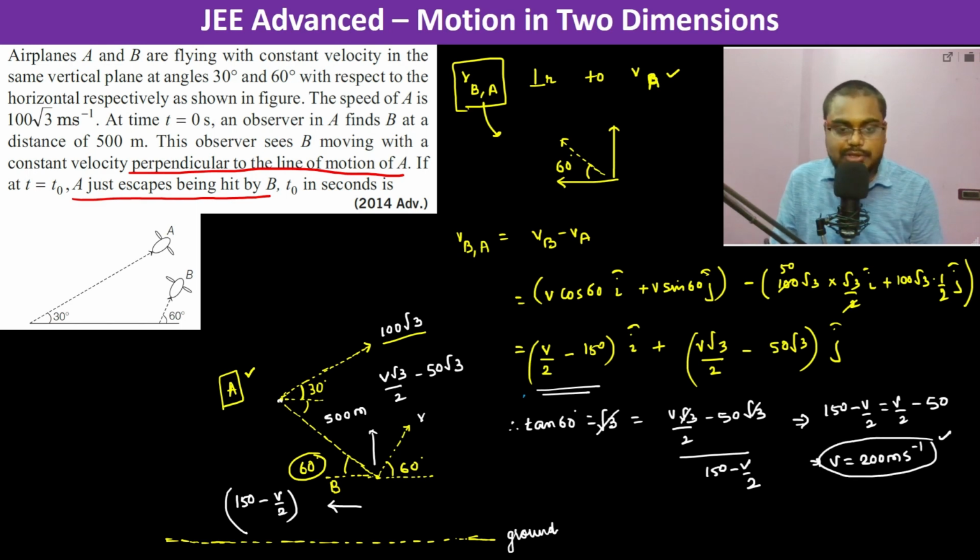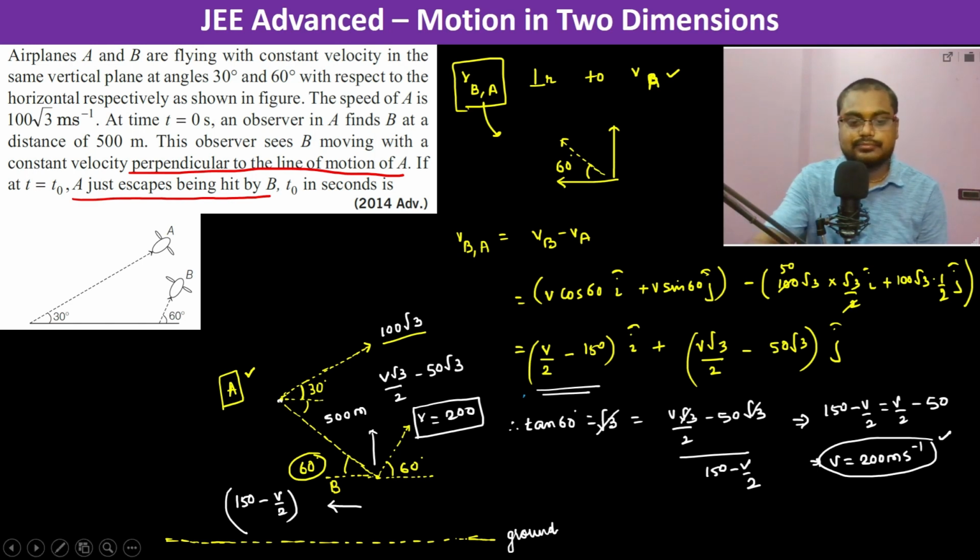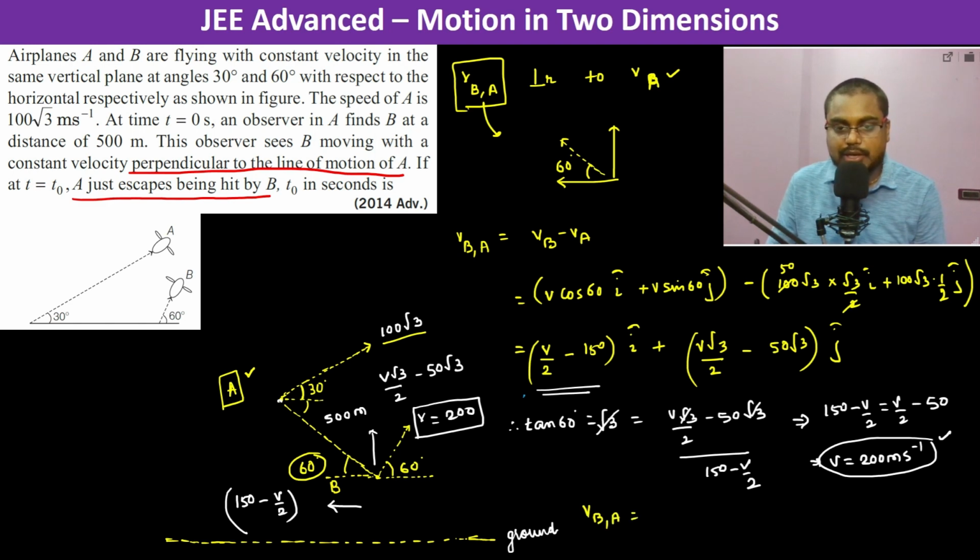So therefore the velocity of B is 200 meter per second, and velocity of B with respect to A is minus 50 i cap plus 50 root 3 j cap.